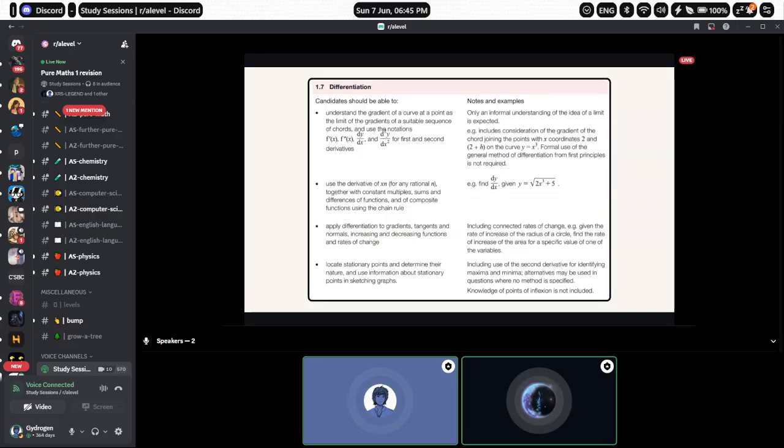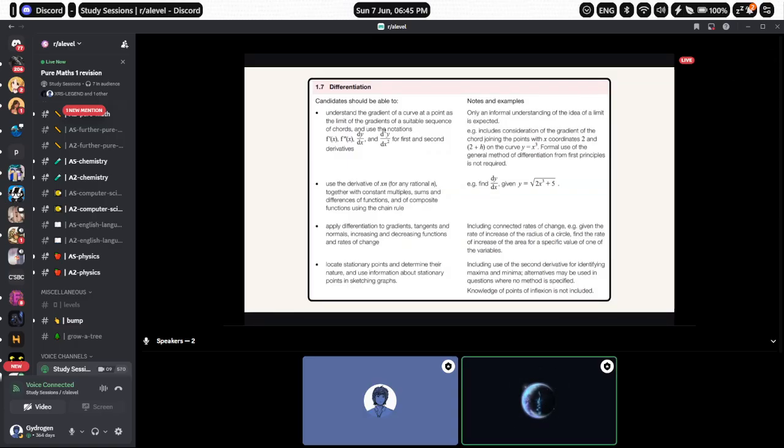Yeah, so the topic of small changes is basically when x changes by a very small amount. So they'll give you the value of y at x is equal to 2, and then they'll tell you to find the value at 2 plus h, where h is a very small value.